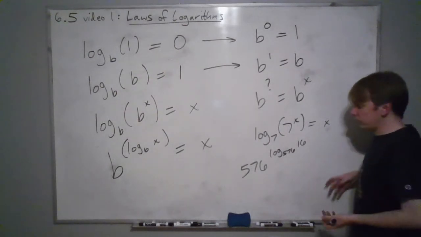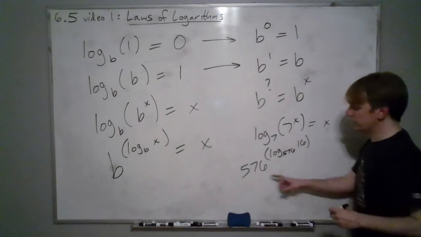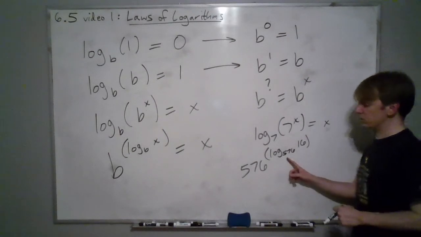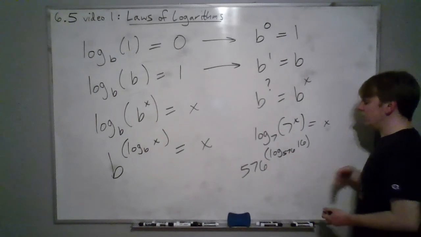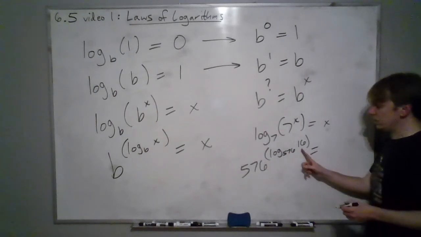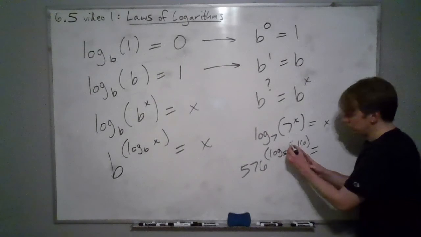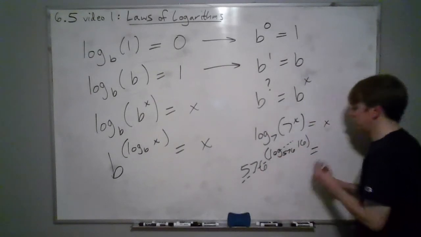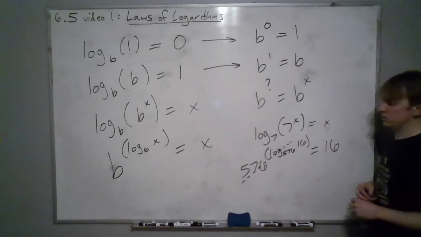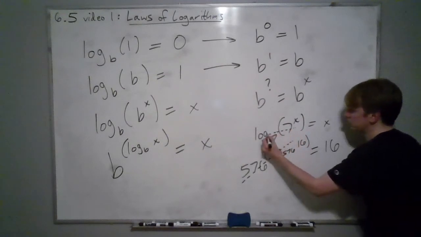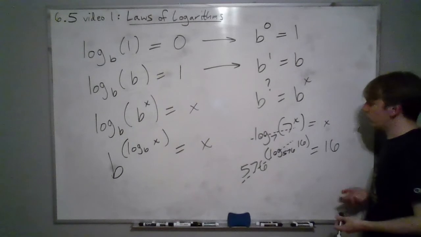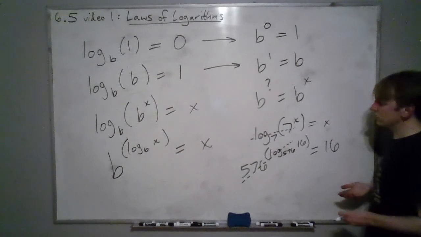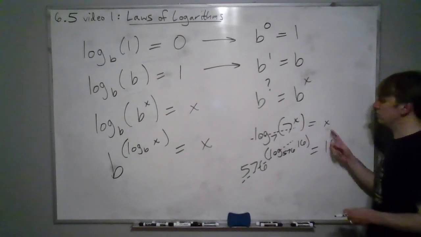I'm not going to bother because I have an exponential function and a logarithmic function with the same base. They're inverses of each other. They should cancel out. Our answer should be 16. Same deal as a square root and a square, or a cube root and a cube. They cancel each other out, and whatever's on the inside is left over.